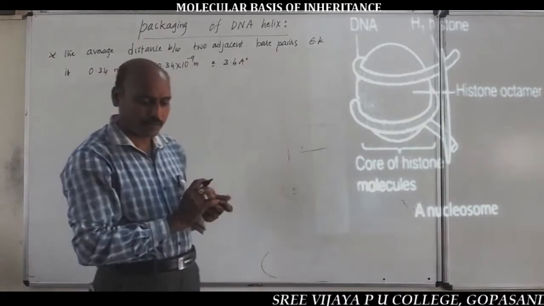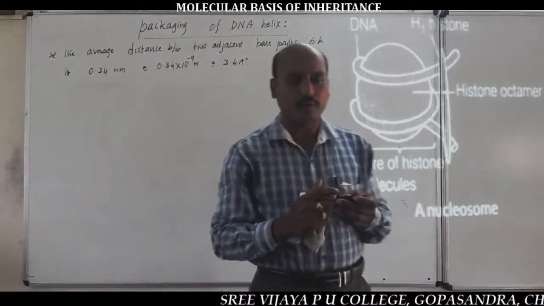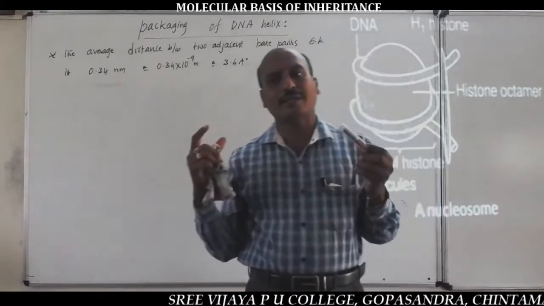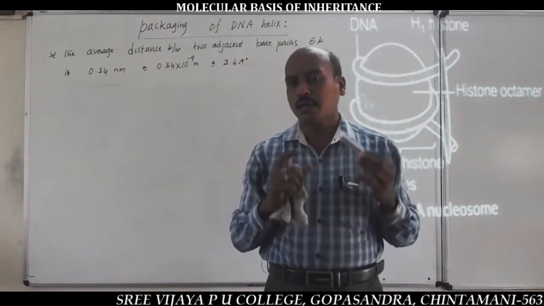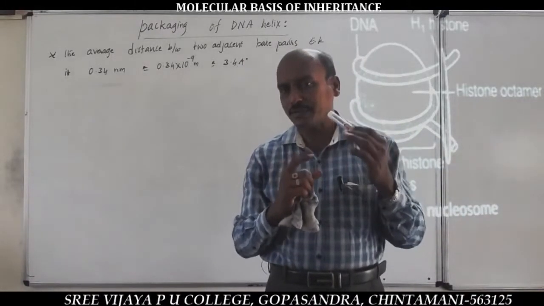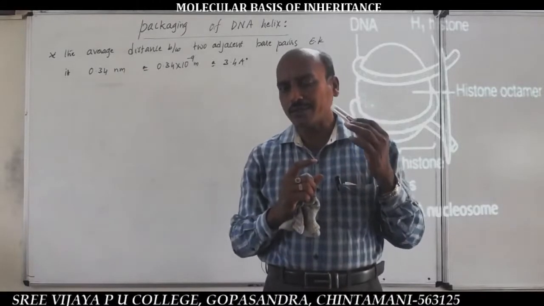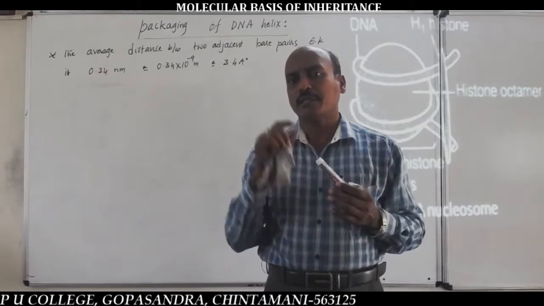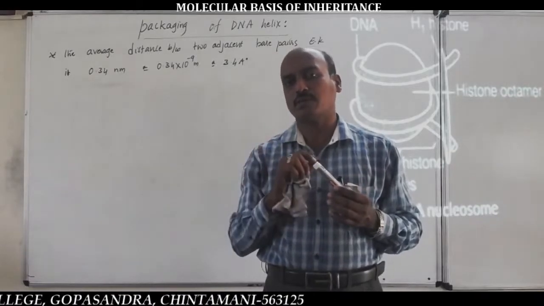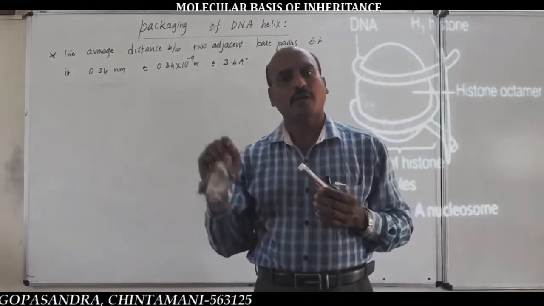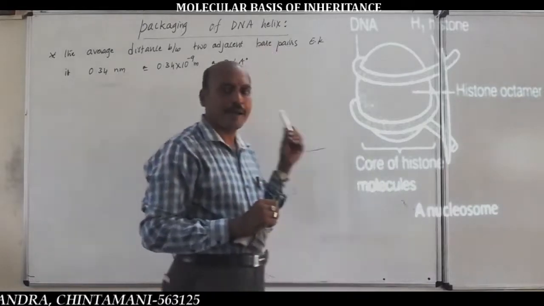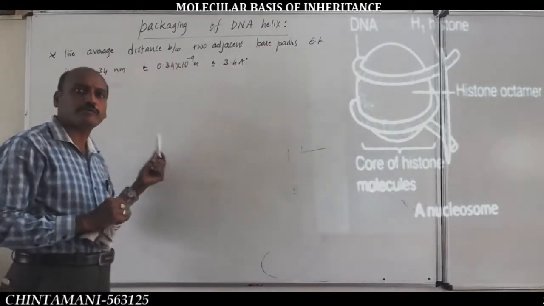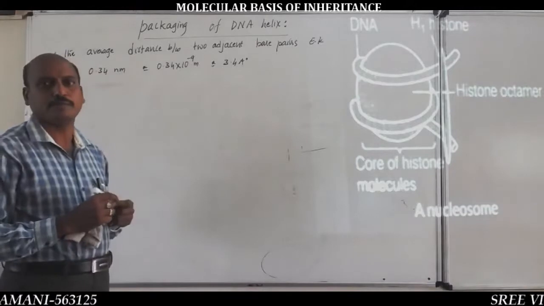You should remember, we have already discussed in the double-stranded DNA structure that the average distance between alternate nitrogen bases of double-stranded DNA is 3.4 angstroms, or 0.34 nanometers, or 0.34 into 10 to the power minus 9 meters.